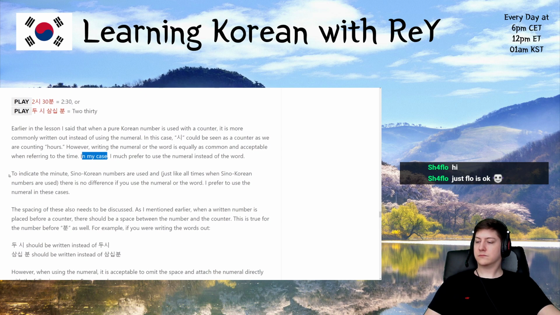To indicate the minute, Sino-Korean numbers are used, just like all times when single numbers are used. There's no difference if you use the numeral or the word. I prefer to use the numeral in these cases. So we remember, using the numerals is completely fine for time.